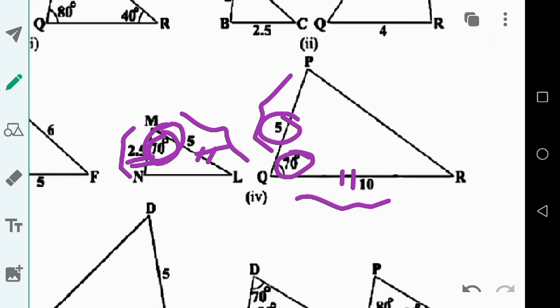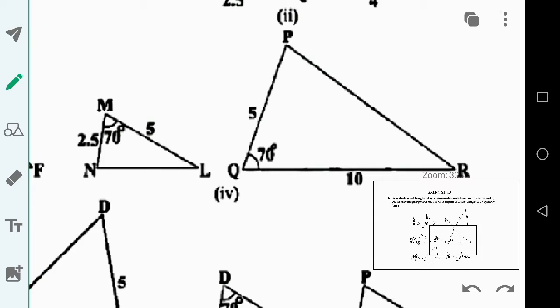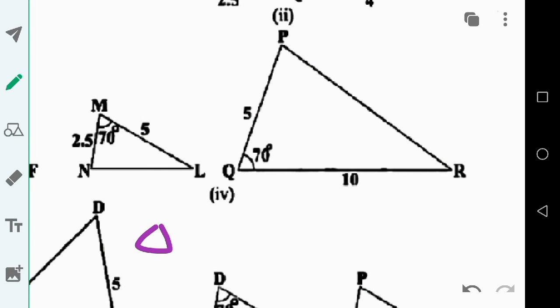Okay, so how to determine the corresponding parts? Here you see, we have to write triangle M and L similar to triangle.